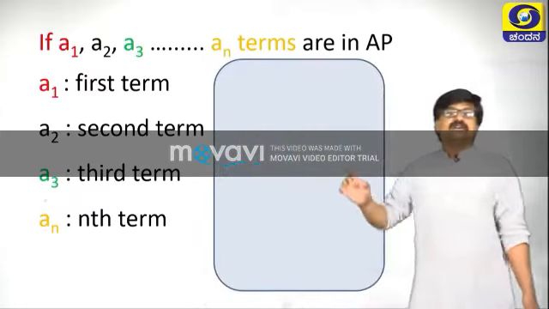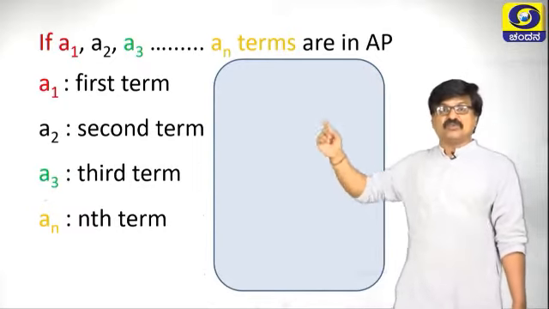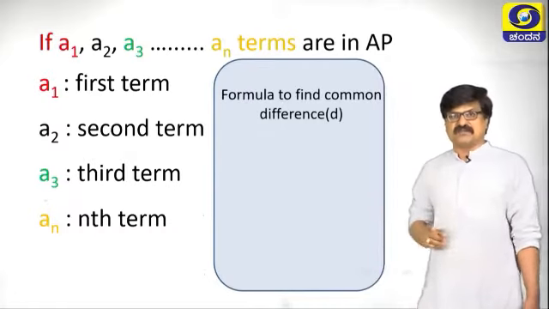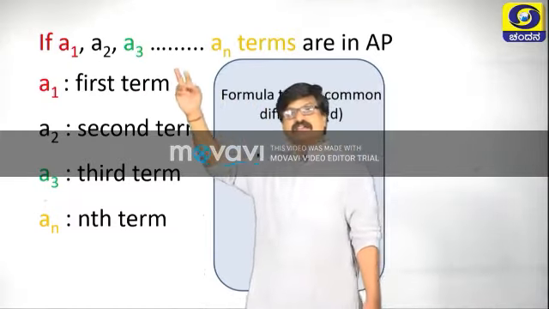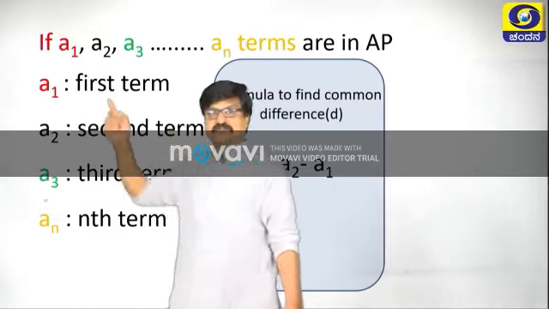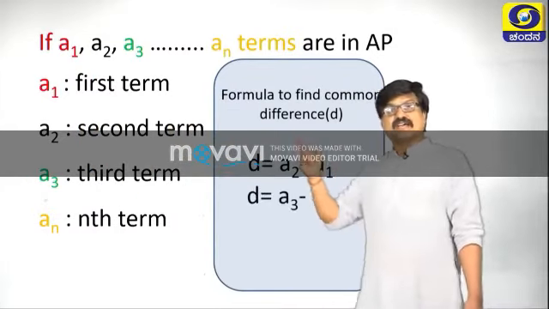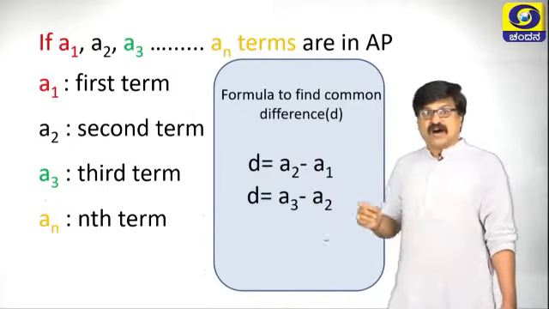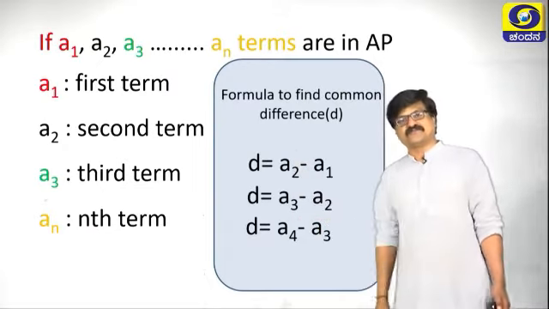Suppose these terms are in AP, then what is the value of the common difference? The formula to find the common difference d: we already know it is the difference between any two consecutive terms. I am going to take it as a2 minus a1, or else we can write d as a3 minus a2, or it may be a4 minus a3 also.